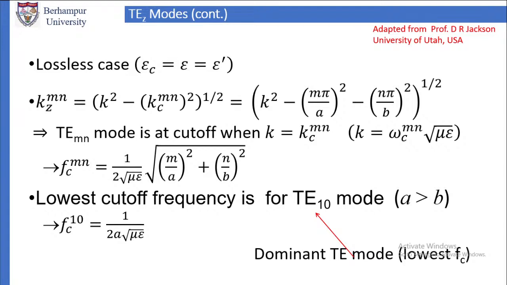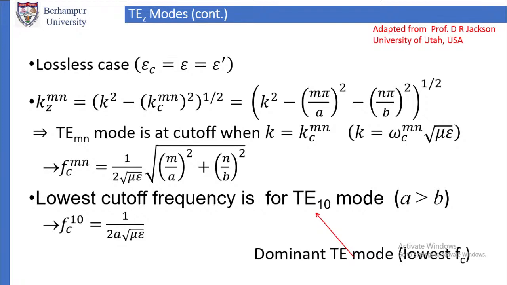So kz must be greater than or equal to 0. When it becomes equal to 0, we say that is the boundary. So that is the limiting value, kz is equal to 0. When it approaches its limiting value for propagation, kz is equal to 0.